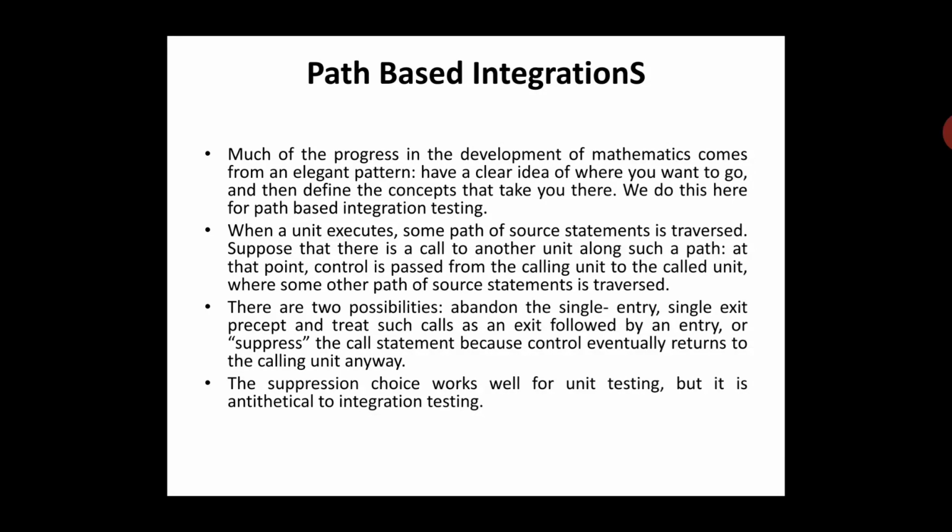Either you give control to that particular call, or you just neglect that one and show the normal path. Okay, these two ways only you can do. The suppression choice works well for unit testing, but it is antithetical to integration testing. So suppression you can do for unit testing, but you can't do it for integration testing.